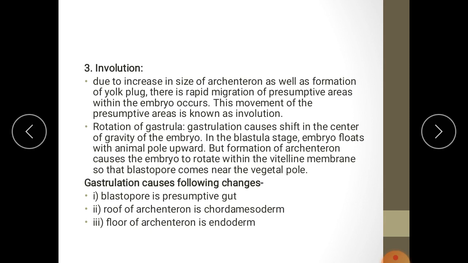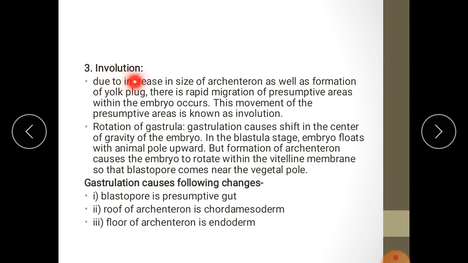And emboly or invagination. Some megameres present at the ventral hemisphere region move inside. As a result, a small depression is formed at the surface of the embryo. That is called the blastopore. Then the third step, involution.